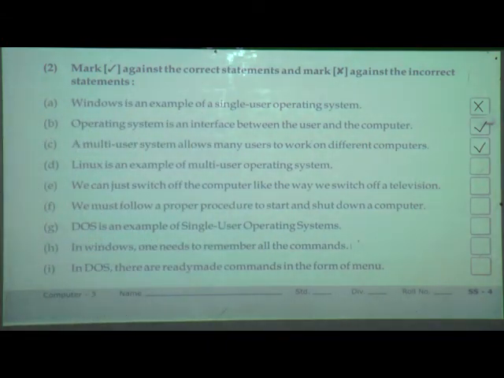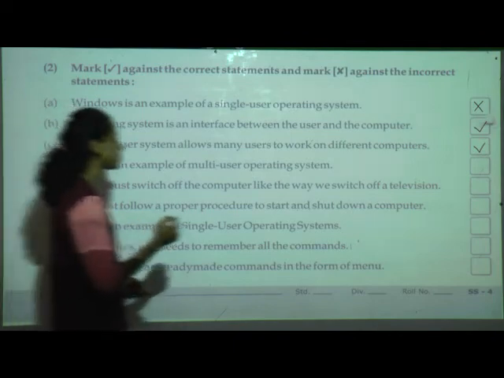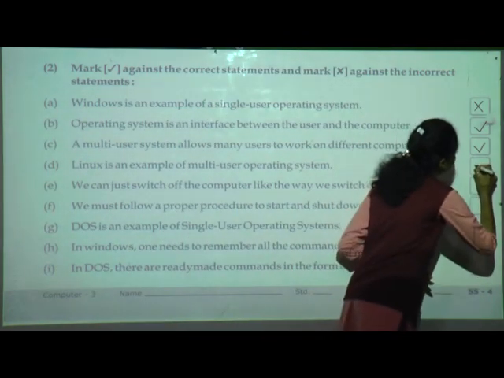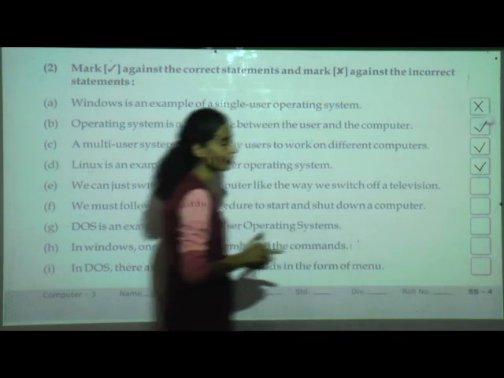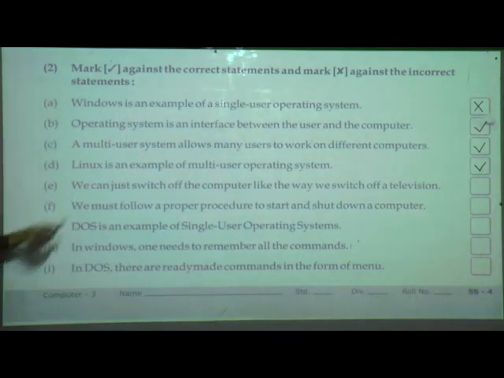Next one is D. Linux is an example of multi-user operating system. Right or wrong? Right. Then we have to tick it. Okay. Now next is we can just switch off the computer like the way we switch off the television.